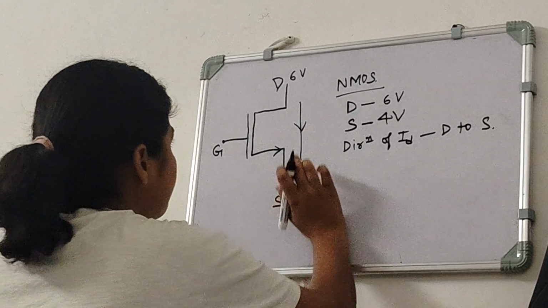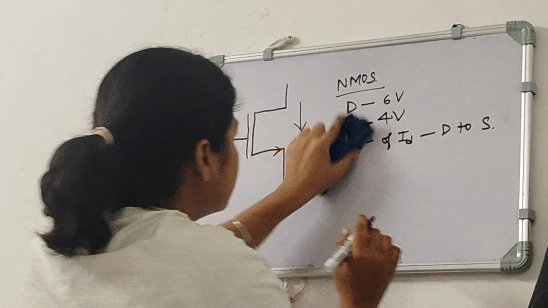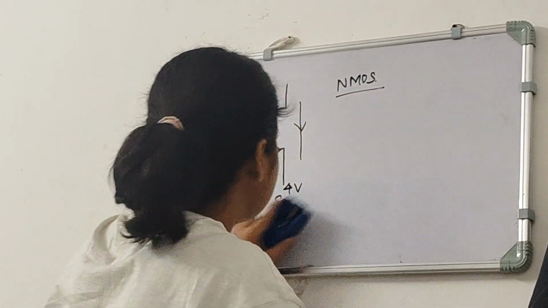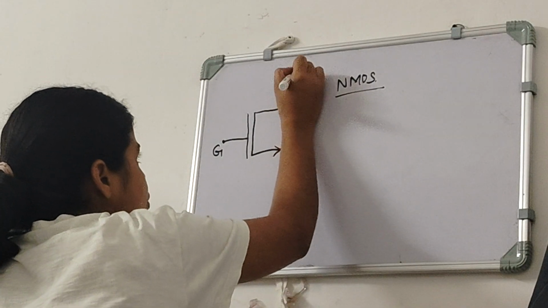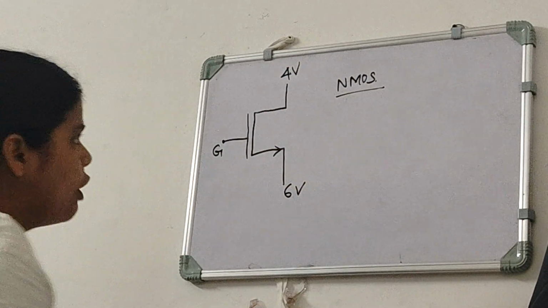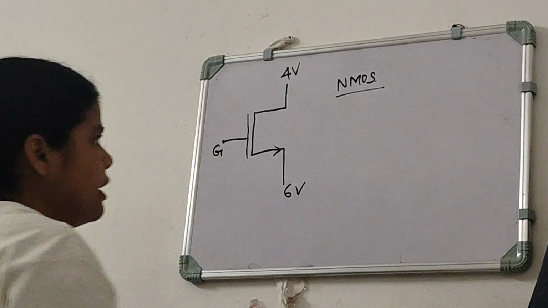But if we change it, like this is 4 volt and this is 6 volt, and now we have to identify which is the drain terminal and source terminal and the direction of current.